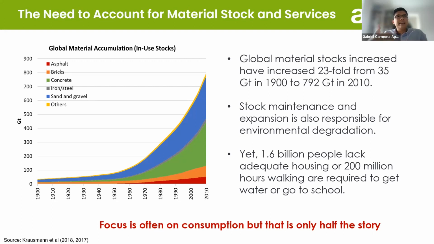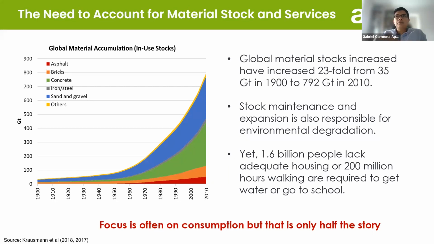Because we are, let's say, a society based on capital. So if we want to increase that capital, we will require more assets and more flows, and to maintain and expand those stocks, that would lead to higher natural degradation, biodiversity loss and climate change.